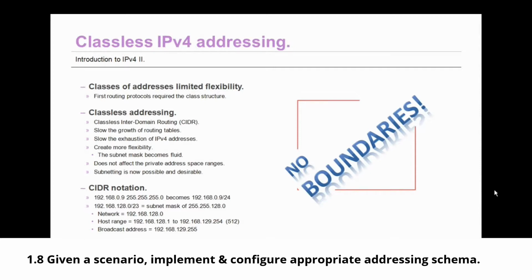So let's take a look at how CIDR notation works. And we'll begin with 192.168.0.9 with a subnet mask of 255.255.255.0. What that becomes is 192.168.0.9/24. That /24 represents all of the ones in the subnet mask.